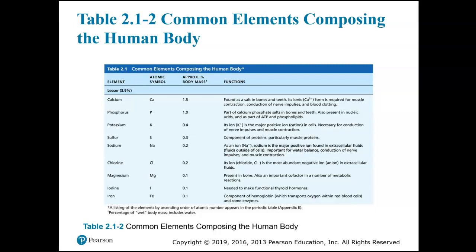Magnesium is important for the absorption of calcium to form strong bones, and iodine is important to make your thyroid hormones, which function in metabolism. And iron is important in blood, so for healthy blood cells and hemoglobin in your blood. Sulfur is found in proteins.